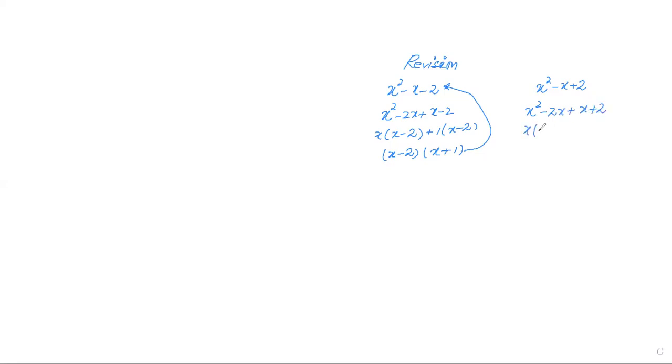Taking x as common gives x minus 2, and taking 1 as common gives x plus 2. No, the factors are not possible because the terms within the brackets are different. So that is called non-factorizable. But in the first case, that is called factorizable.